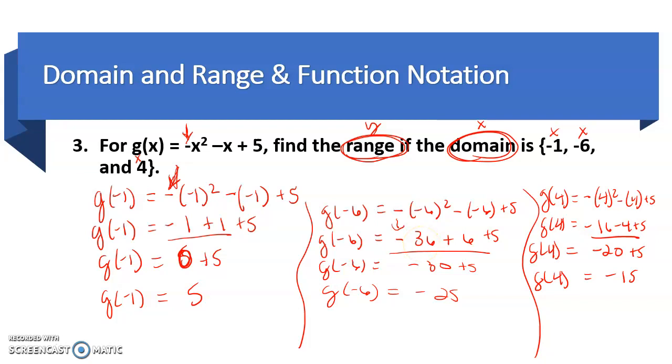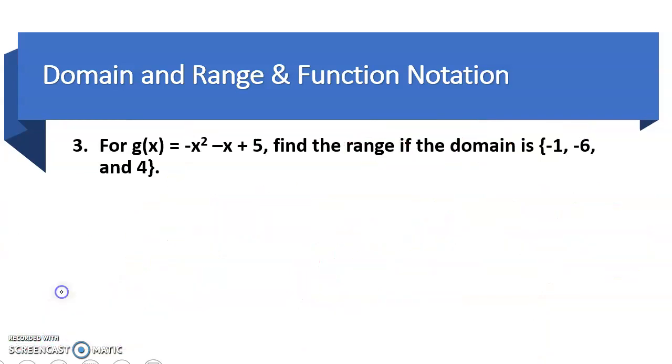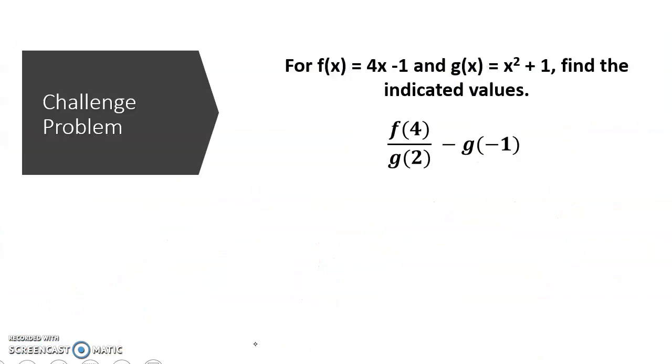All right, we've got one more problem type that we need to look at today. It says challenge problem, but you will see this type of problem on tests. So f of 4 divided by g of 2 minus g of negative 1. You just take this one piece at a time. I'm going to find f of 4 first. F of 4 equals 4 times 4 minus 1.